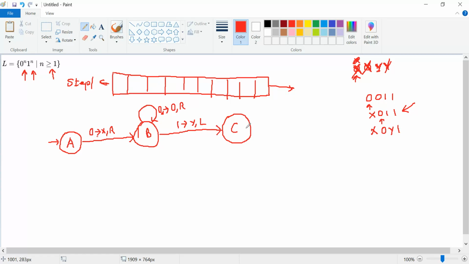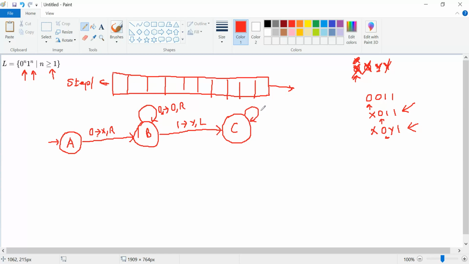Now, when you reach C, you are moving left, and on the way you can encounter a 0. When you encounter a 0, we don't know whether it's the leftmost 0 on the tape, so we have to keep moving left.